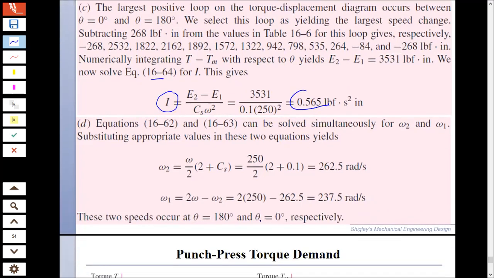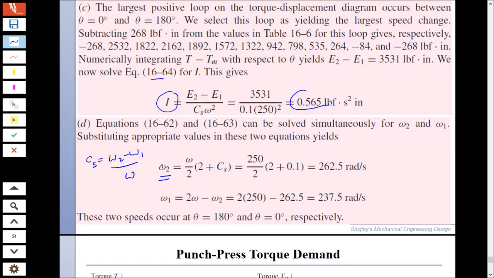Similarly, if you want to find out omega 2 and omega 1, we can go ahead and do that. Since we have our Cs equal to omega 2 minus omega 1 divided by omega.